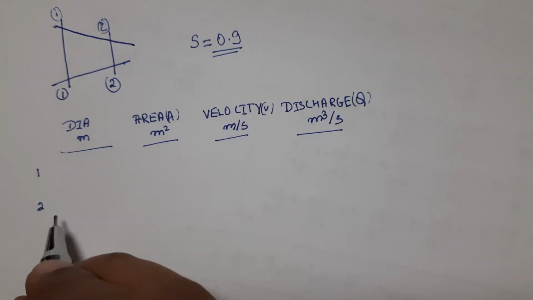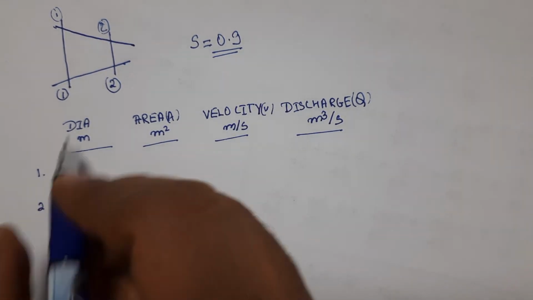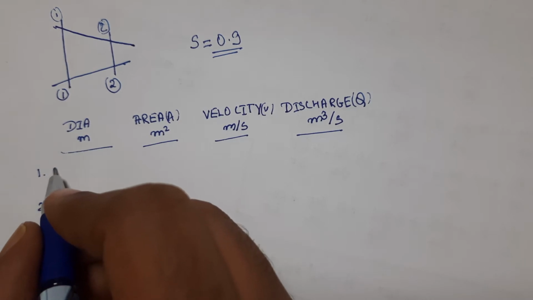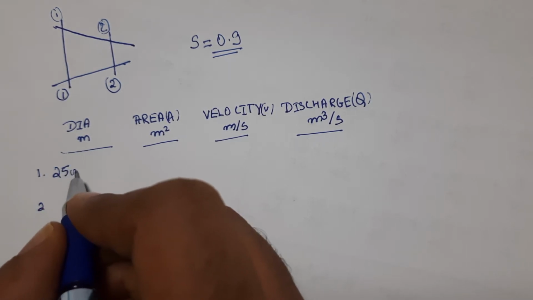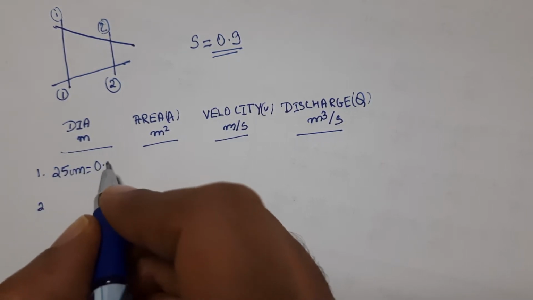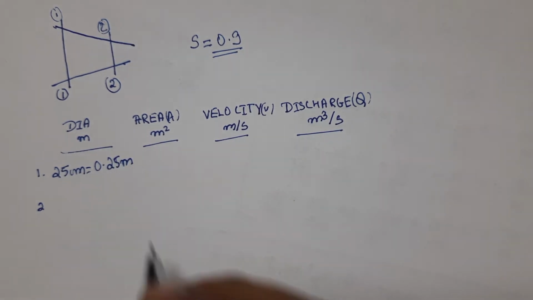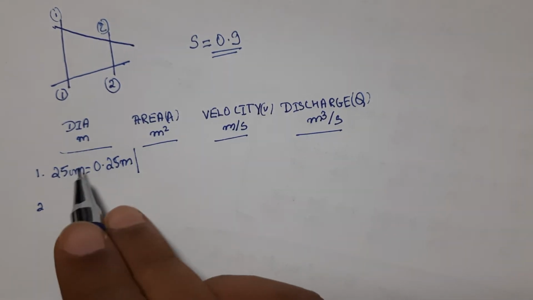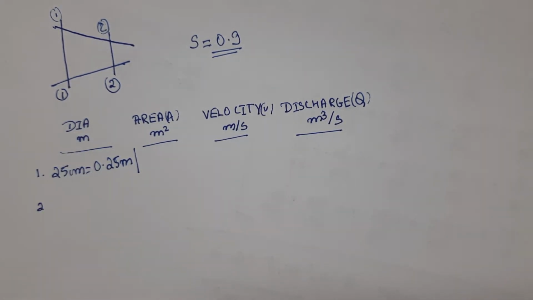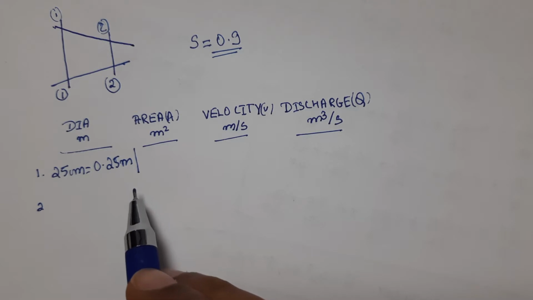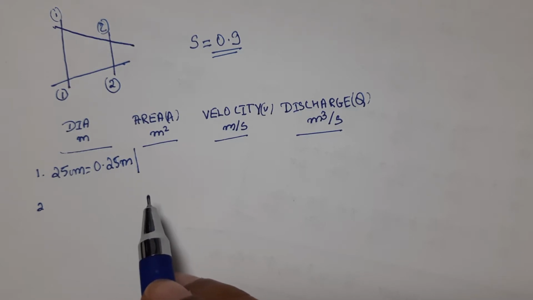In section 1, the diameter is 25 centimeter, so that is equal to 0.25 meter. Now the cross-section area of section 1 will be pi by 4 d square.